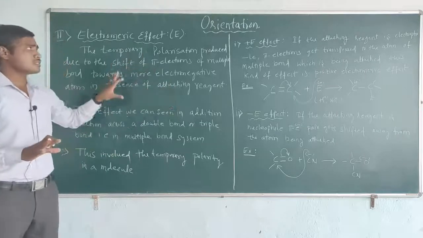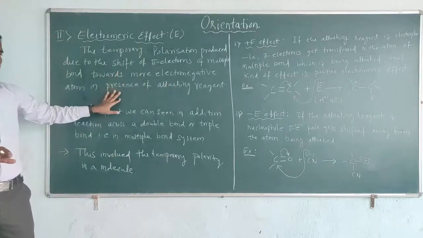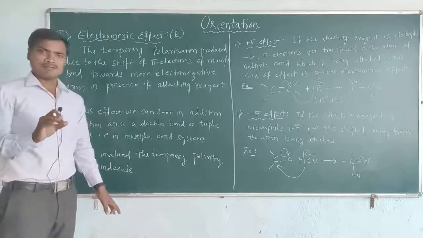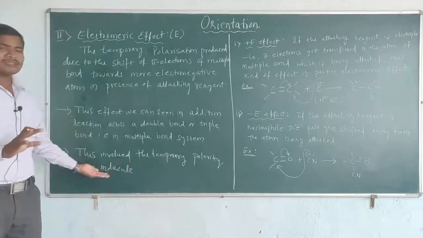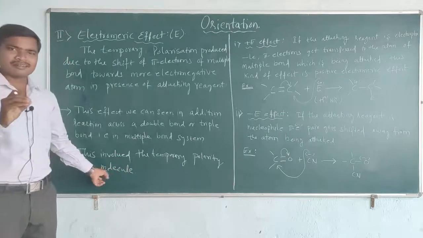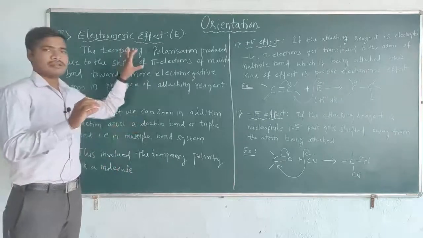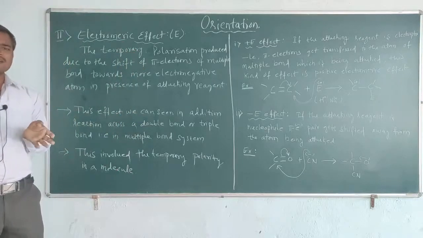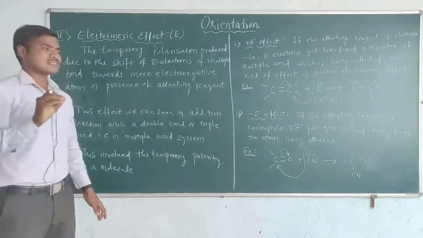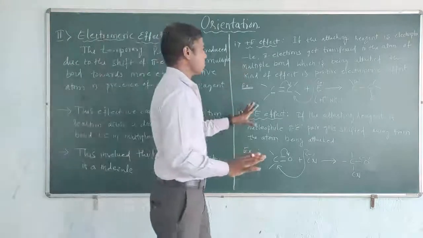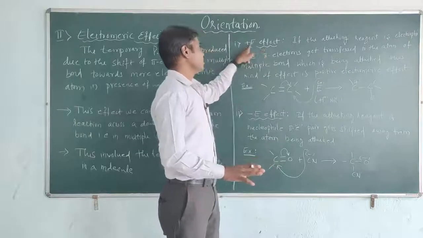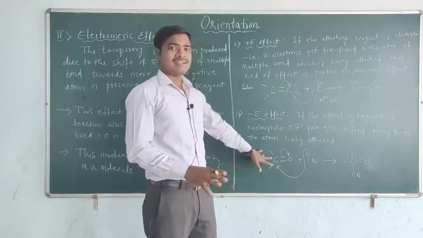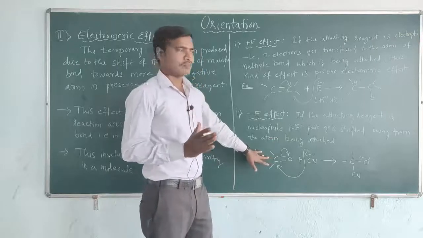This effect is seen in a double or triple bonded molecule, and it produces a temporary polarity, that means a temporary charge in the molecule. The types of electromeric effect are the positive electromeric effect and the negative electromeric effect.